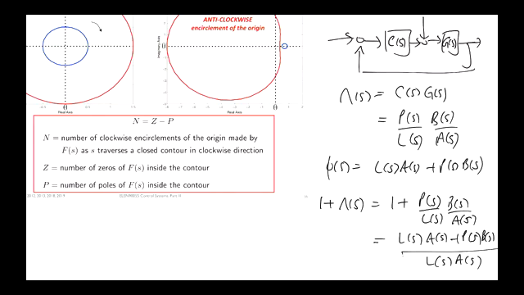So what you can see is that we have the characteristic polynomial on the top. So the zeros of the characteristic polynomial, which are the poles of the closed loop, are the zeros of this rational function, 1 plus lambda(s).